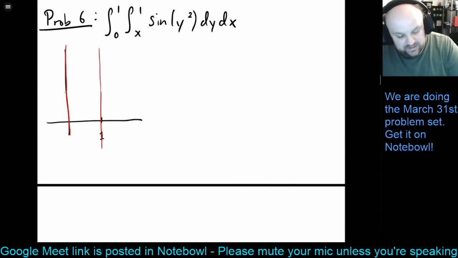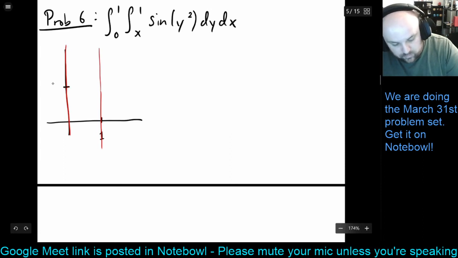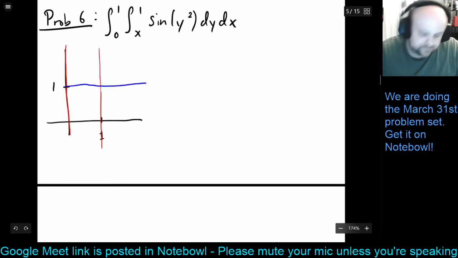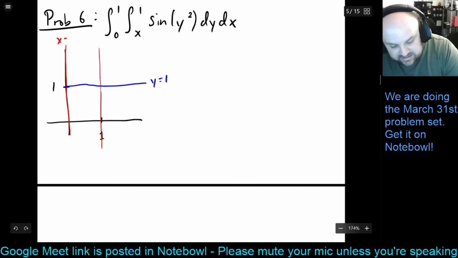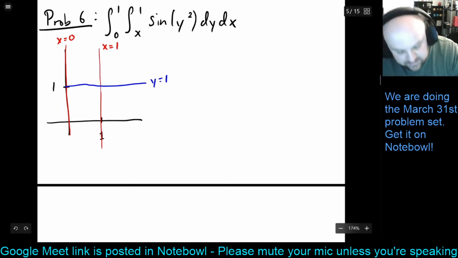For the y values, one of the functions we have is y equals 1, so that's this line. Maybe I'll add in that this is x equals 0 and x equals 1. And then the bottom one is y equals x, which is this line.